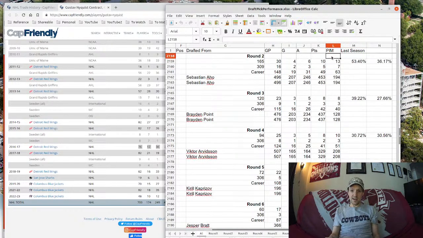Okay, so the difference in expected performance out of a second round pick and a third round pick is essentially nothing. It's negligible. The likelihood of them making the NHL increases by 36.17%, which is this column here.